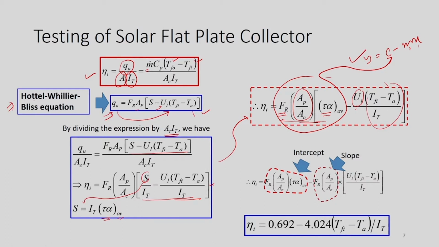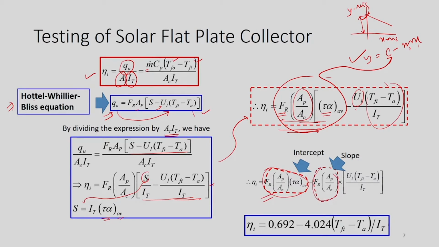If we plot it, we will get this kind of plot. If this is the y axis and this is the x axis, this intercept is nothing but this value. So, this intercept will give the value of this part and the slope will give this part.